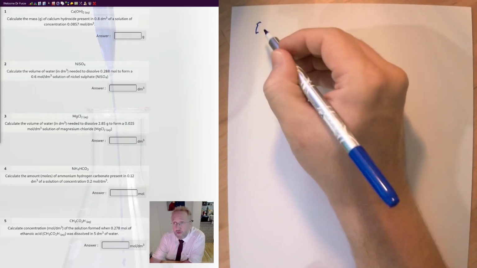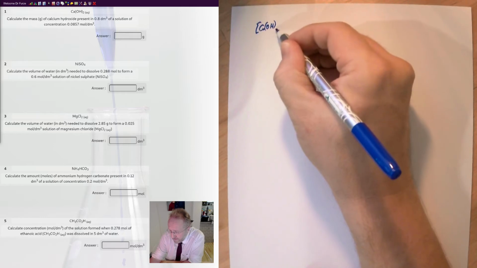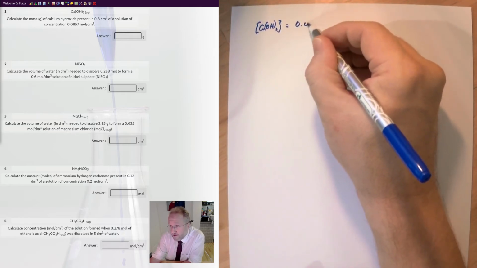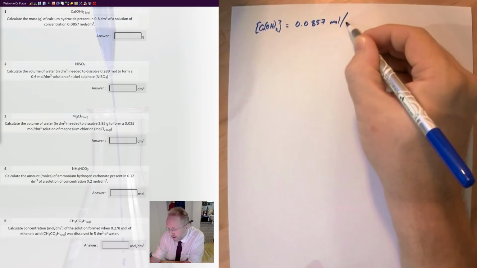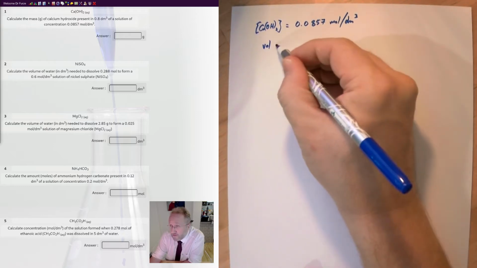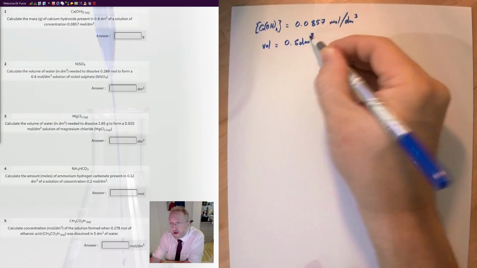We know that the concentration of calcium hydroxide, Ca(OH)2, is equal to 0.0857 moles per decimeters cubed, and we know that the volume is equal to 0.8 decimeters cubed.